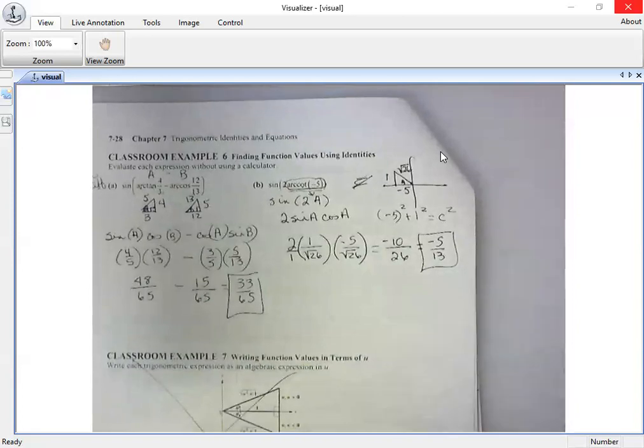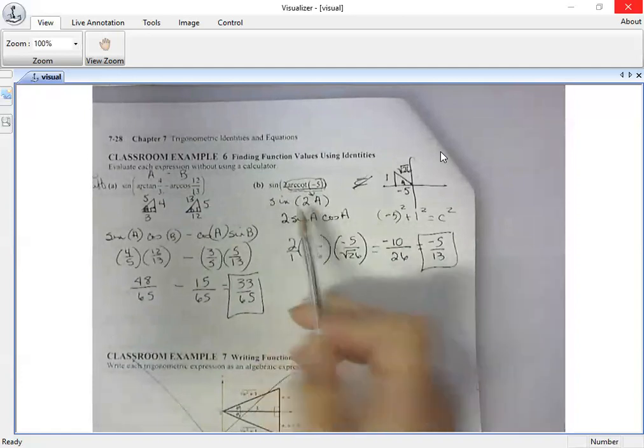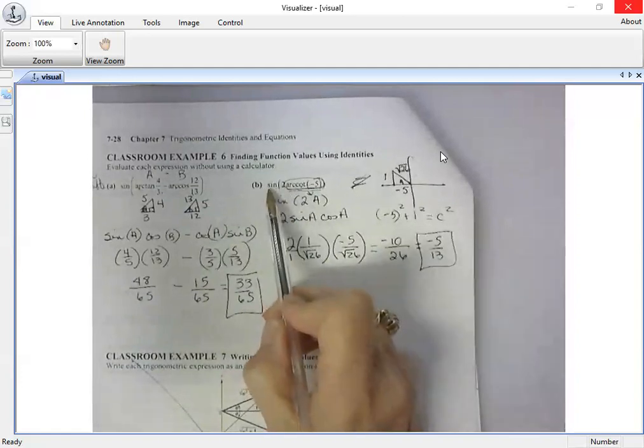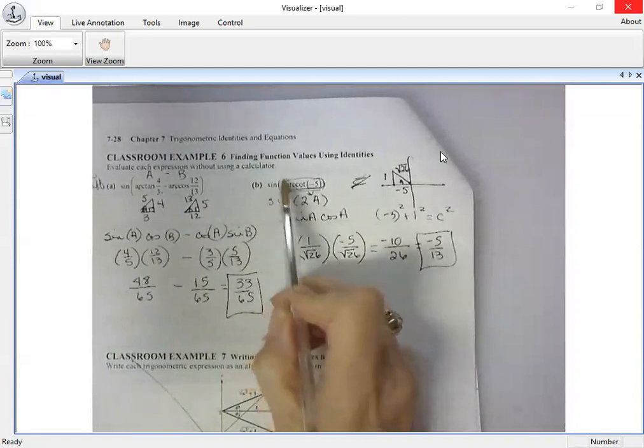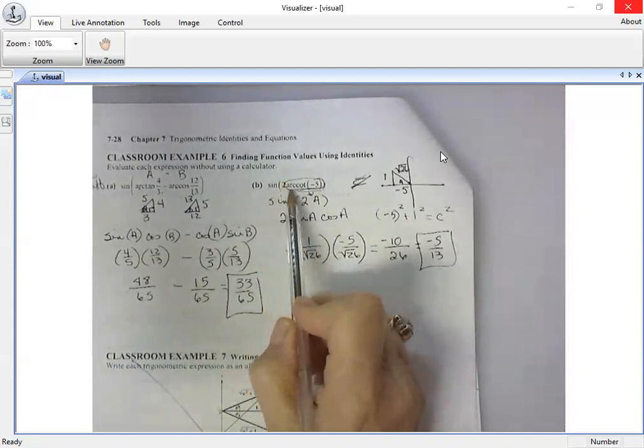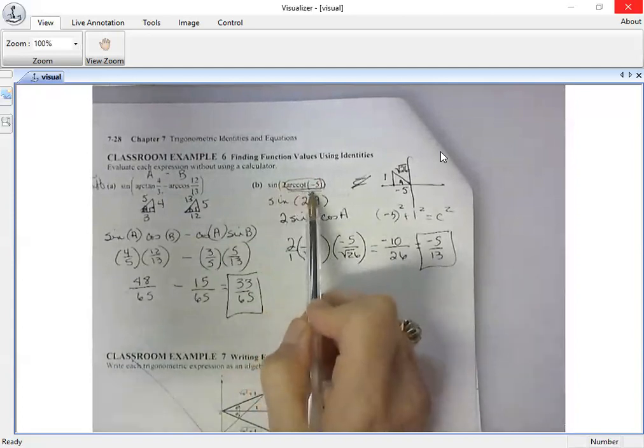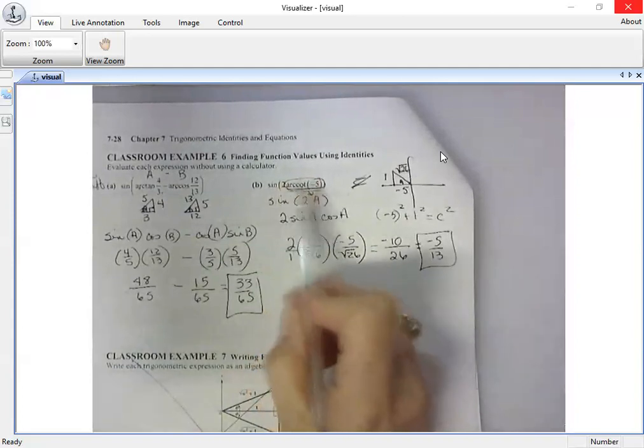Okay, can you just explain one more time how you got to sine of 2 times A? This part? Yes. Okay, because I know I was looking for the sine of, in parentheses, 2 times the angle whose cotangent is -5. So that told me this is an angle.